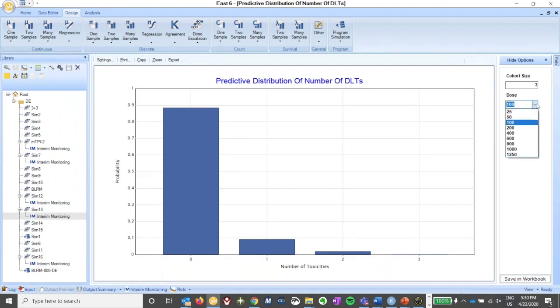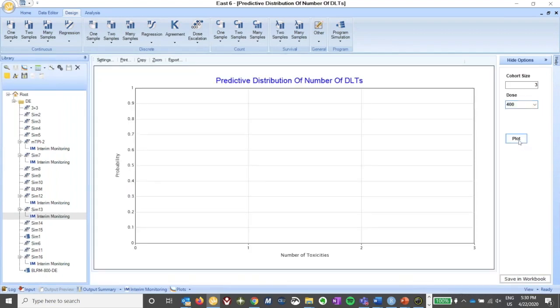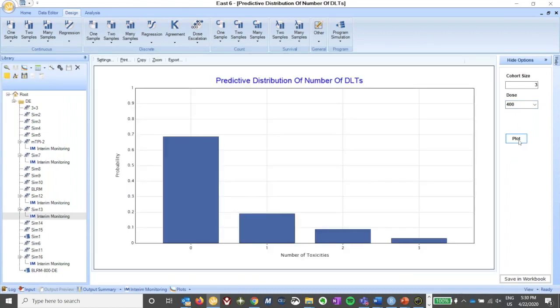And then you can also check this for any other dose level ahead of you. So if we go to this 400 dose level that the unconstrained BLRM will give you, you can see that still the chances of no toxicities out of 3 are pretty good. They're close to 70%, close to 20% of having one toxicity, less than 10% of having two toxicities, less than 5% of having three toxicities out of three.